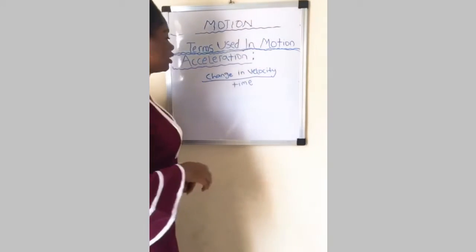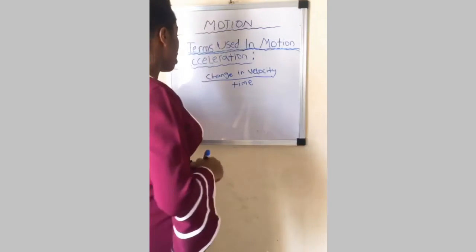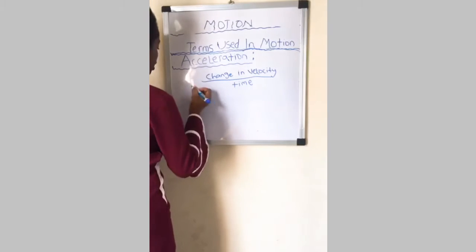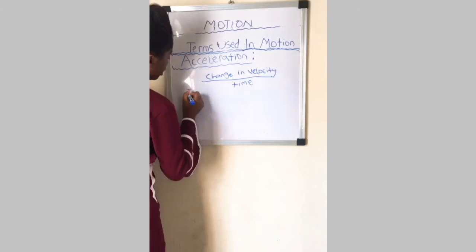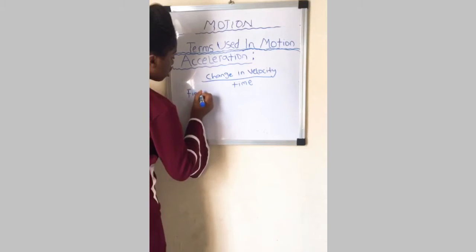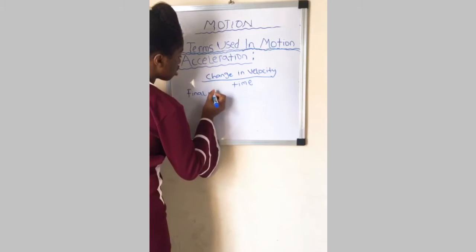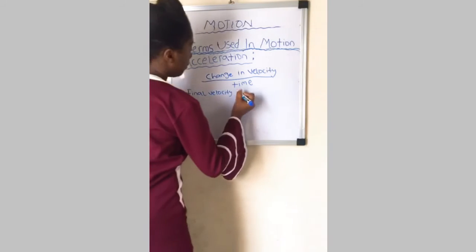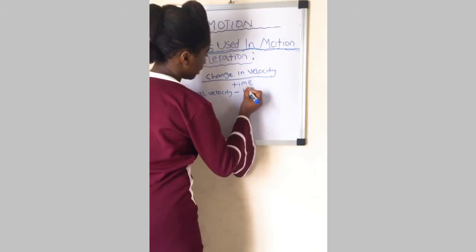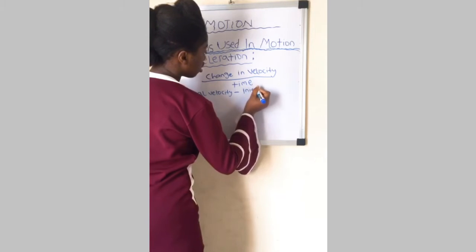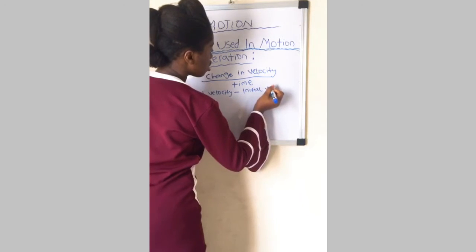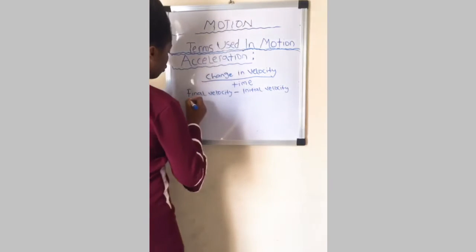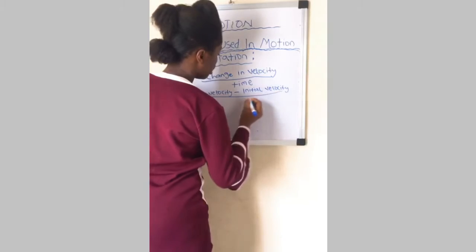Acceleration is equal to change in velocity over time, and this change in velocity can further be final velocity minus initial velocity over time.